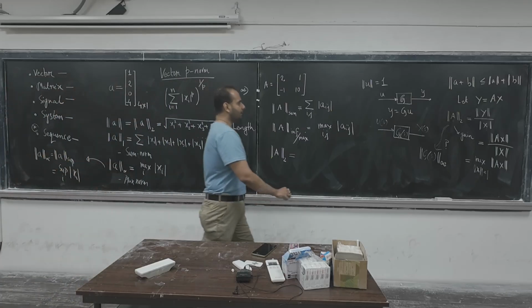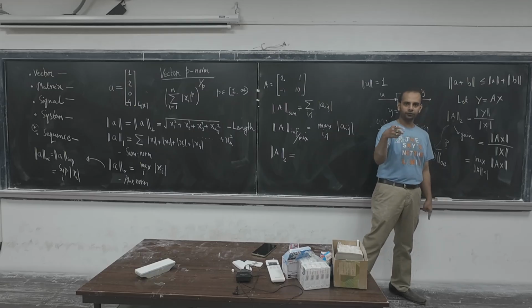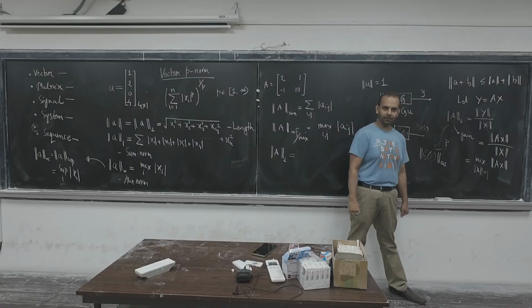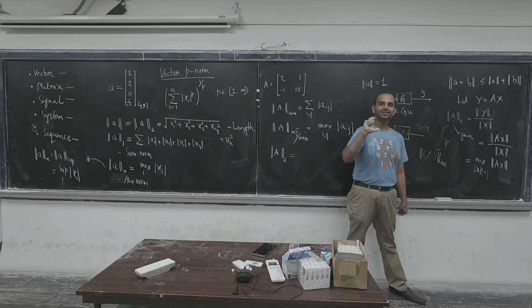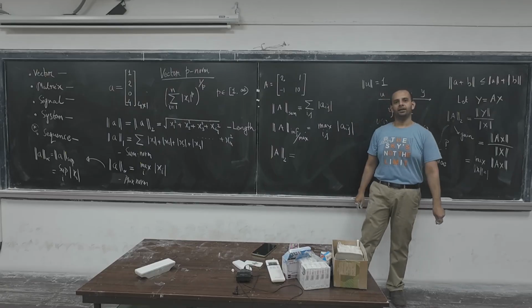Why I said that it will resemble is because here also you can see this is a ratio of the output to the input, that's why it is giving a gain, right? And the infinity norm, we have already learned, that too is a ratio, it is giving you gain, right? So in that sense both of them actually give you gain.